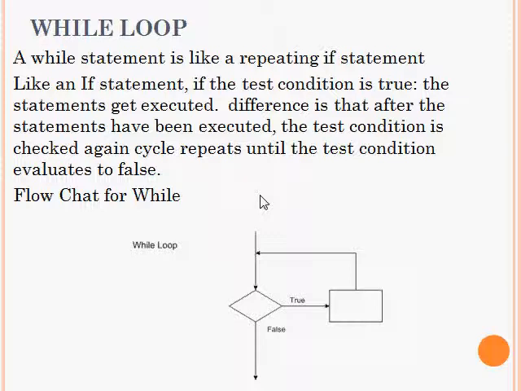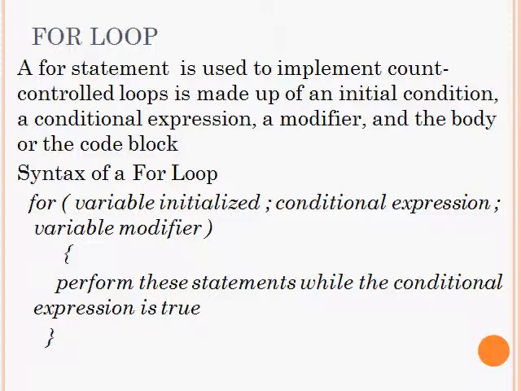Now a quick recap of the last lesson's activities. Last time we met, we dealt with the for loop, where we have a for statement which is used to implement count controlled loops, and its syntax is made up of an initial condition in brackets, which is the variable that is to be initialized, separated by a semicolon.